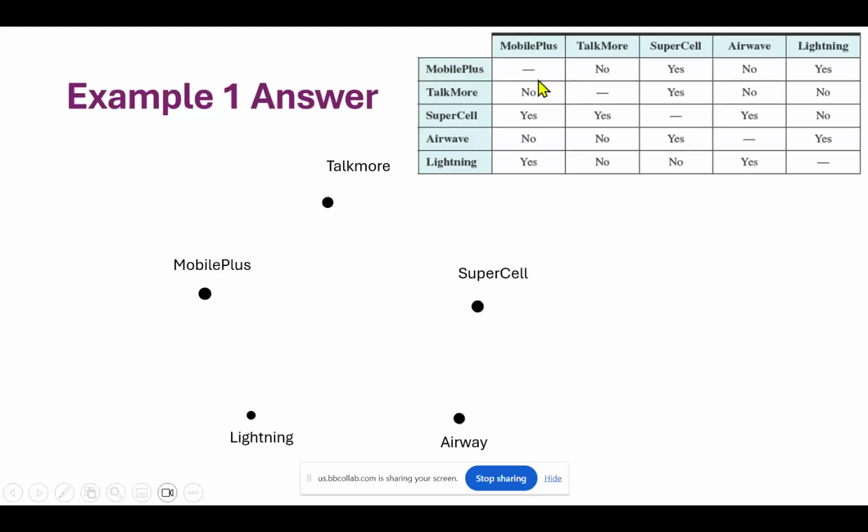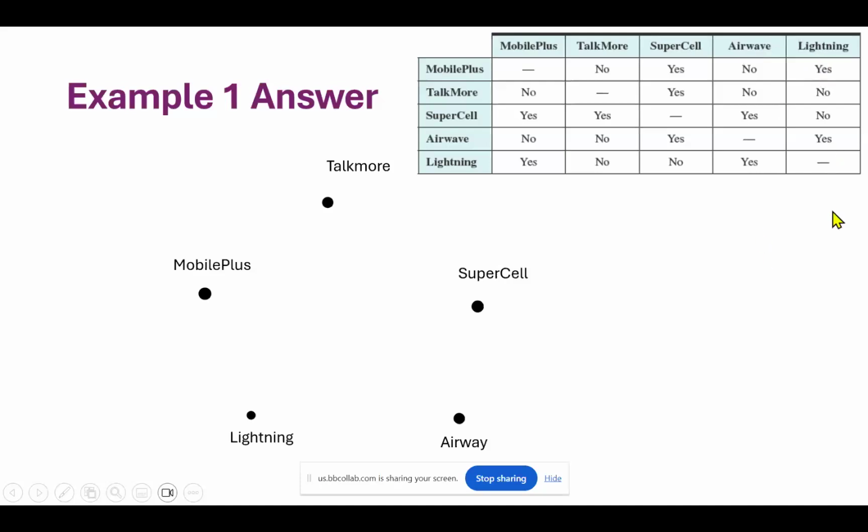there's no need to have a roaming agreement with itself. Roaming is usually when you're borrowing someone else's network. So here, none of them need a roaming agreement with itself, but Mobile Plus does not have one with Talk More, because it says no. And then Mobile Plus has an agreement, yes, with Supercell, no with Airwave, and yes with Lightning.